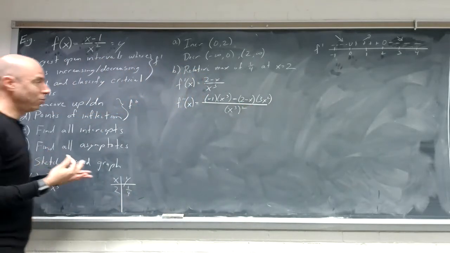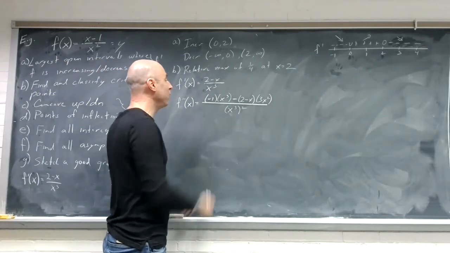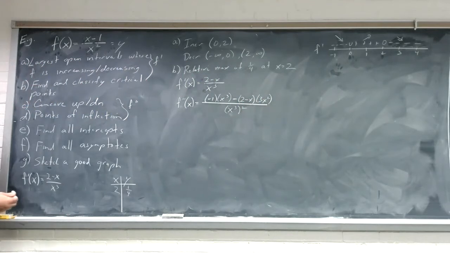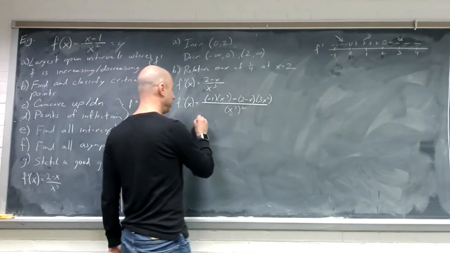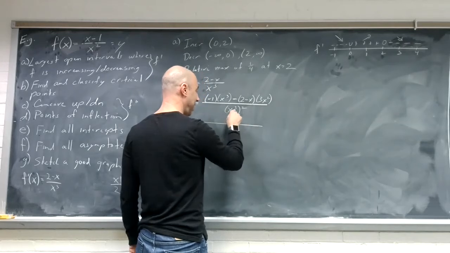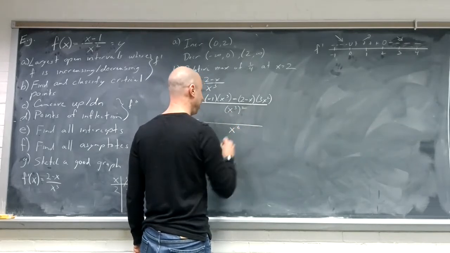However you do the quotient rule, low d high minus high d low over square what lies below, whatever mnemonic you use to remember it, make sure that you get it in the right order. Let's do some simplification. So the bottom just simplifies to x cubed squared. When you take a power to a power, you multiply exponents, so that's x to the 6.